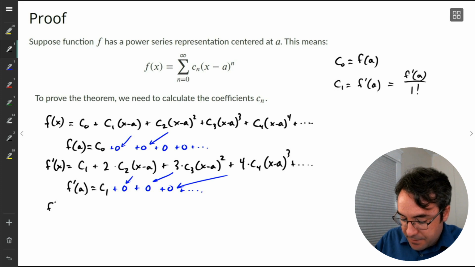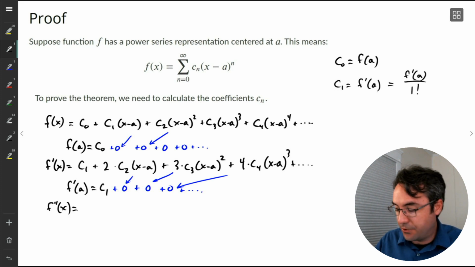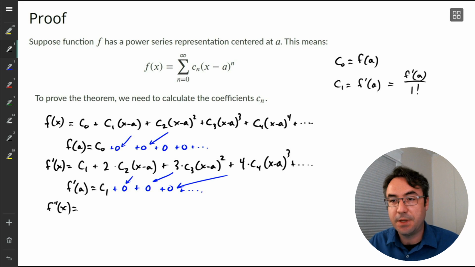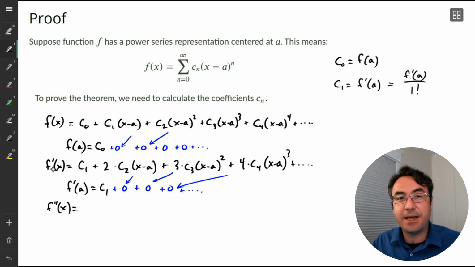Let's now do the second derivative. So we're going to differentiate f prime. So let's differentiate the power series expansion. The derivative of c1 is just a constant, so when we differentiate, we get 0. And then when we differentiate this x minus a term, we're just going to get 1.